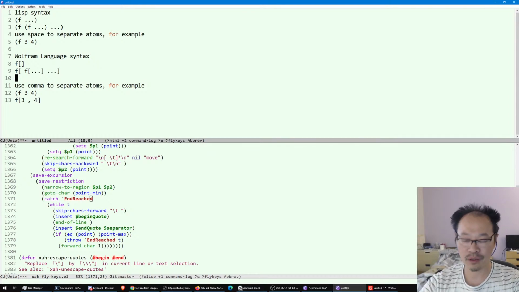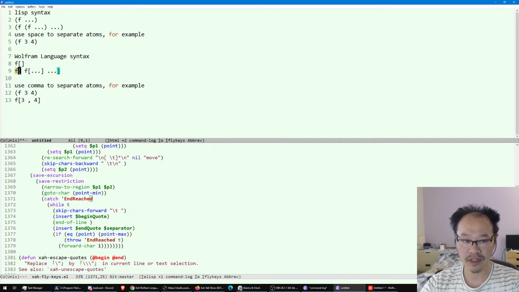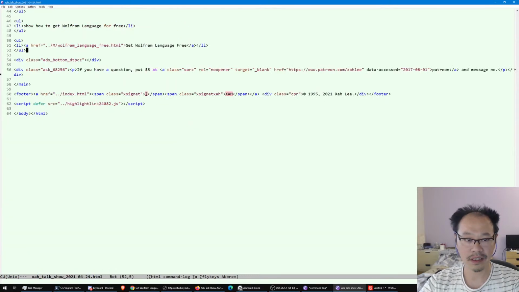So that applies to Lisp syntax and Mathematica syntax, meaning you can transform one to the other and preserve their structure exactly. All you have to do is move the head to the outside, then replace space by comma or comma by space, vice versa. So that concludes the isomorphism thing about Lisp syntax and Mathematica.